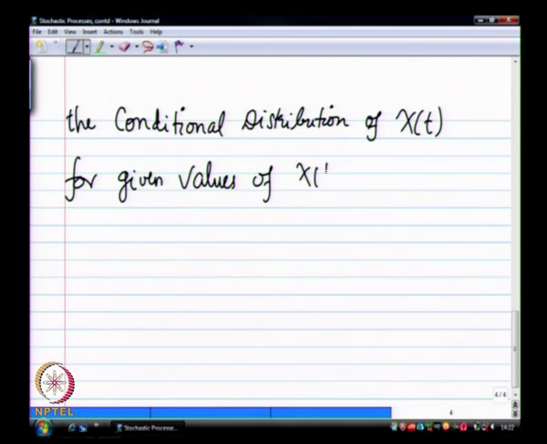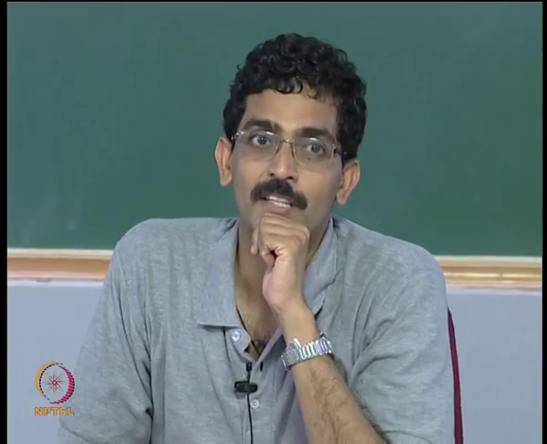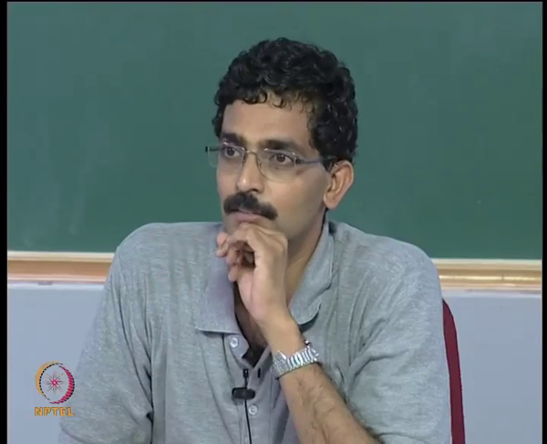So given that at time t naught x took this value, at time t1 x took some value and so on. Even though I have this past history, I have looked at the n plus 1 time instances t naught, t1, t2 and so on up to tn, I am now looking at the system state at time t. The system state at time t only depends upon the system state at time tn, then that is considered as a Markov process.